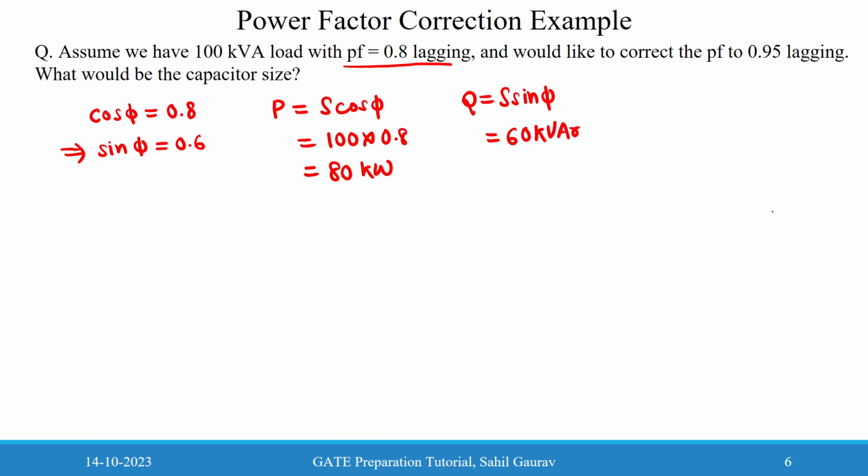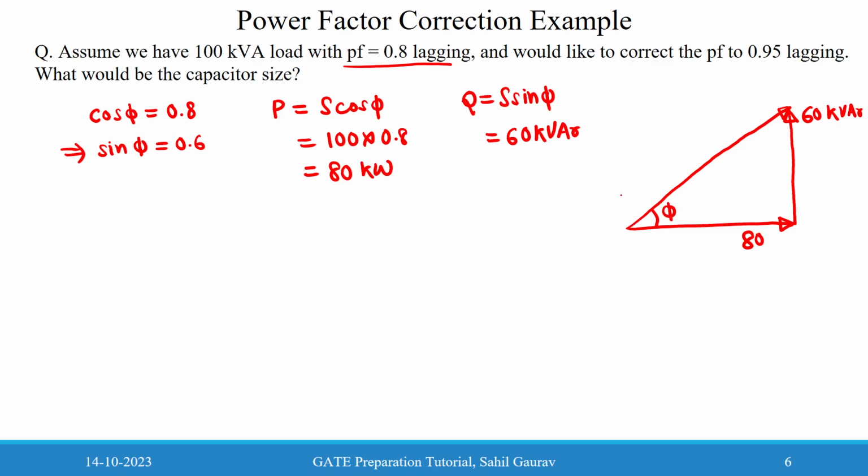Now first we will make the power triangle. So this is 80 kilowatt P, and before the power factor correction the load is drawing reactive power of 60 kVAR. Now this angle phi you can find.